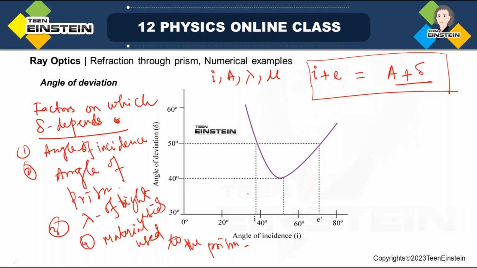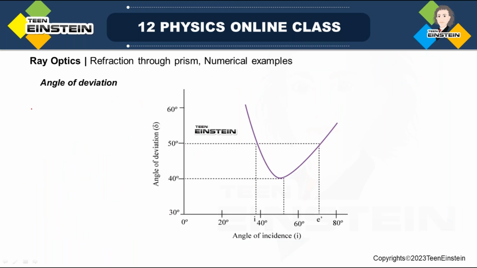Okay, so let us try to find out what is minimum angle of deviation. Let me erase these points. I'll write angle of incidence, angle of prism, refractive index, and wavelength used.